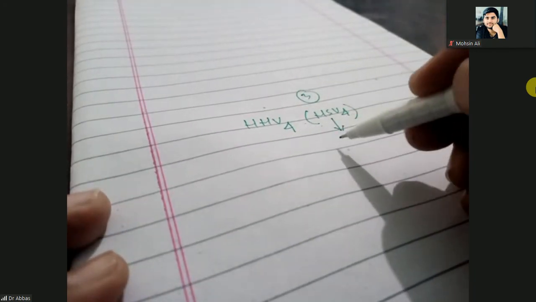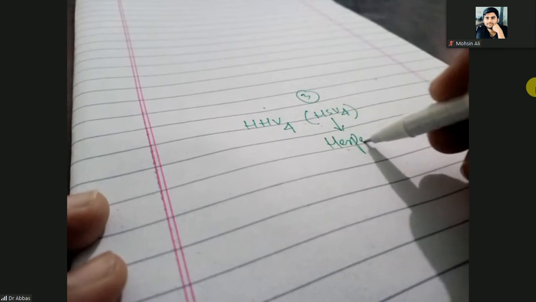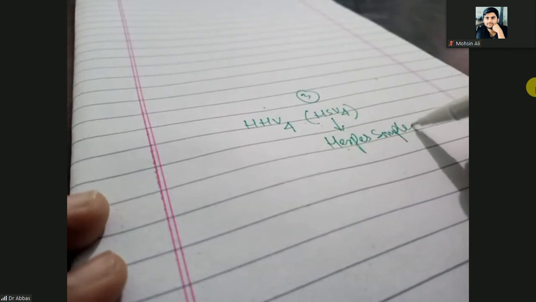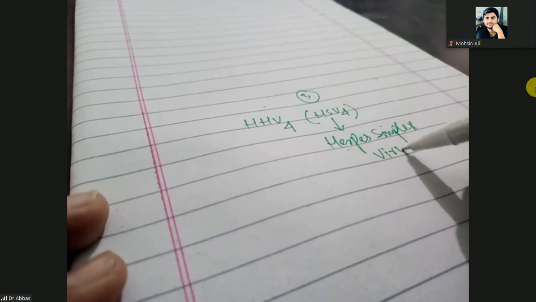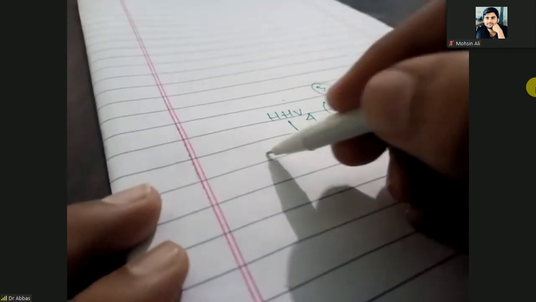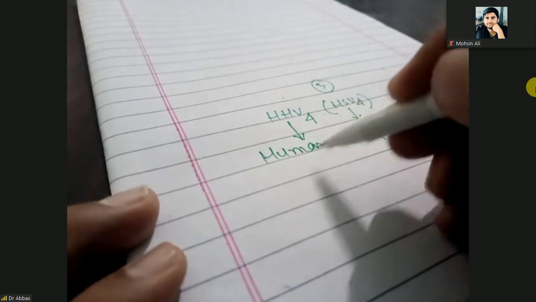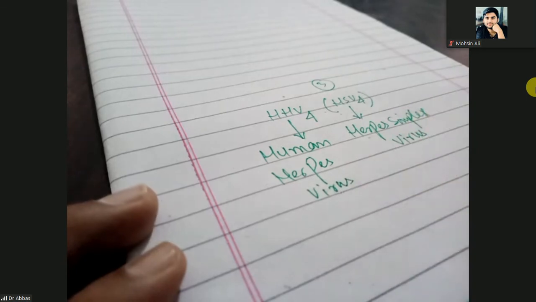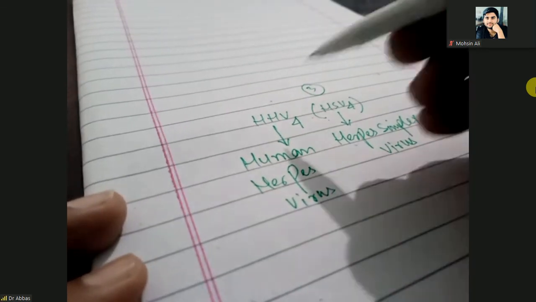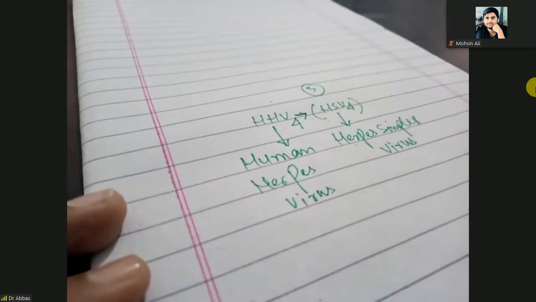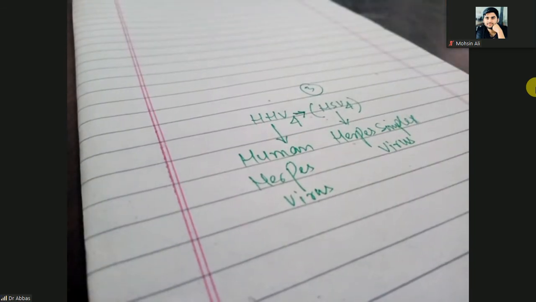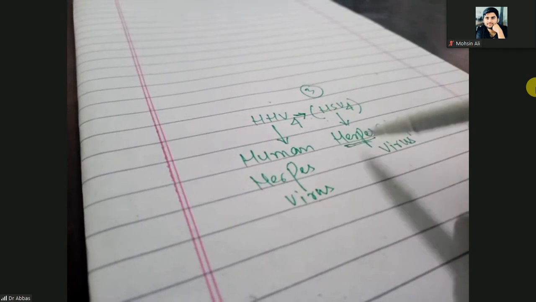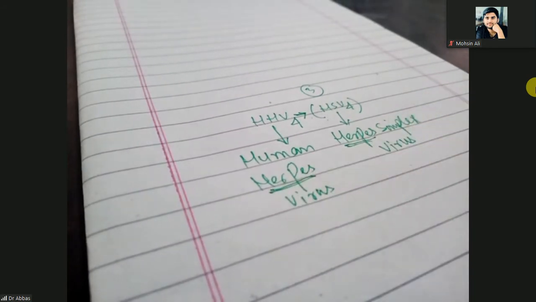HSV means herpes simplex virus, but HHV stands for human herpes virus. So whether you call it HHV or HSV, both are herpes viruses. So HHV, human herpes virus, and HSV, herpes simplex virus. Both are the herpes viruses.